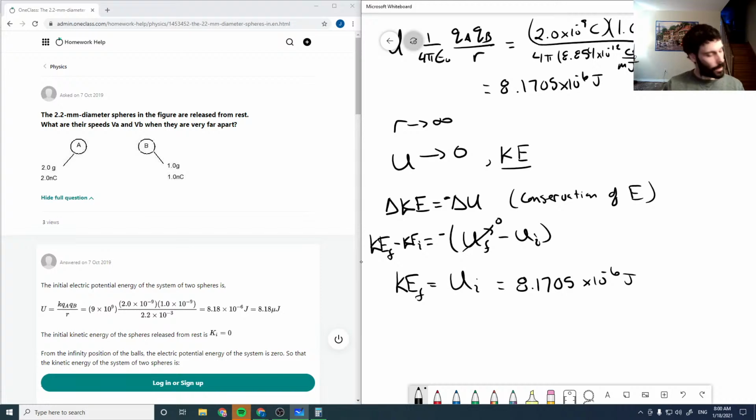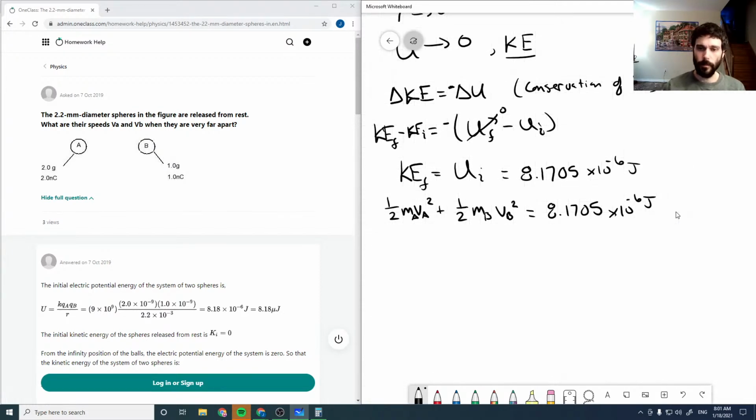Our final kinetic energy is 1/2 mA vA squared plus 1/2 mB vB squared, I should have put A's on everything, which is equal to this 8.1705 times 10 to the minus 6 joules. So we also have conservation of momentum. Our momentum initially was 0 as nothing was moving.